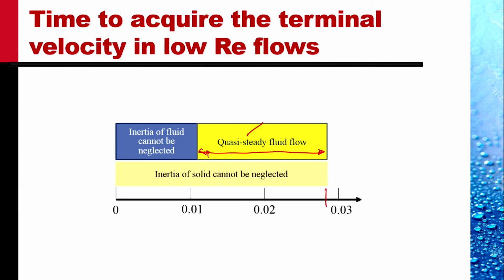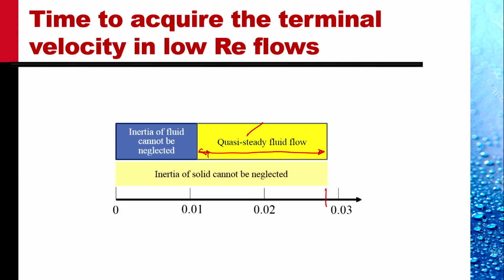That is, at any instant during this interval, the fluid would behave like a steady flow, except that the velocity of the fluid is changing. That seems like a contradiction, but it is not.